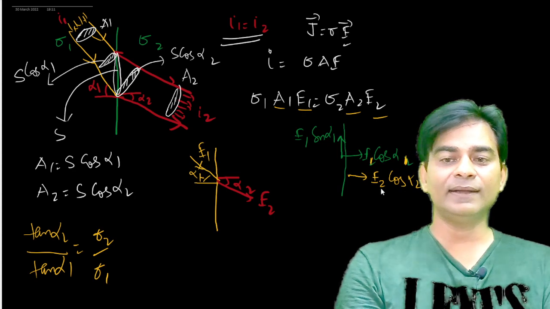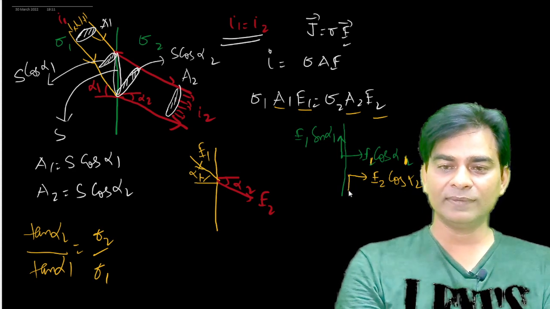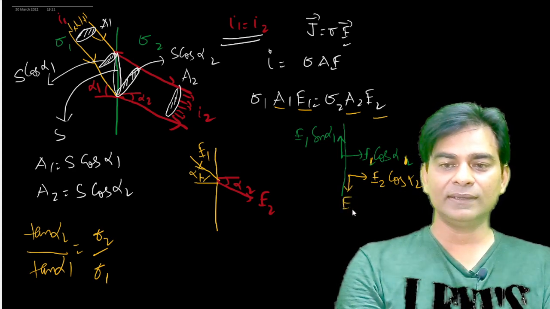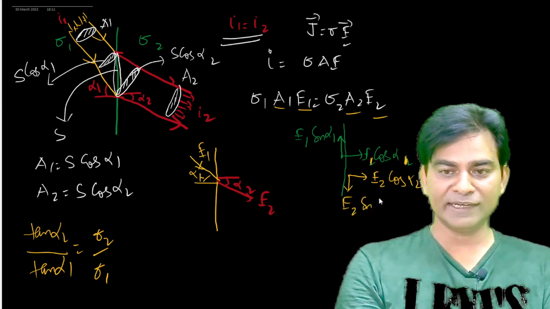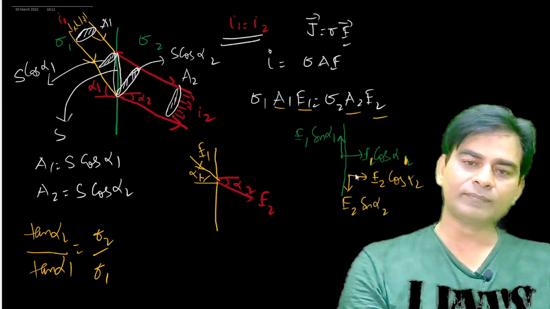On the right side of the boundary the electric field is E2, and the perpendicular component is E2 cos alpha 2, and the parallel component is E2 sin alpha 2.